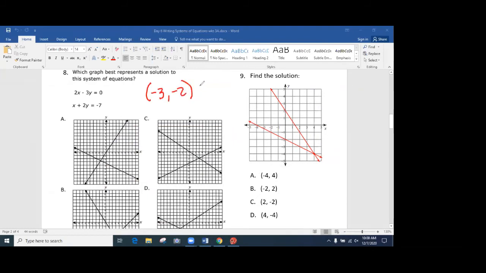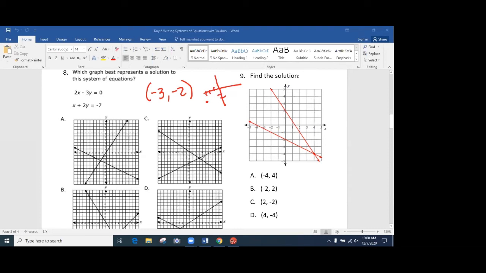How do I choose the answer? I'm looking for the answer where they intersect at this -3, -2. It's going to be somewhere down here.